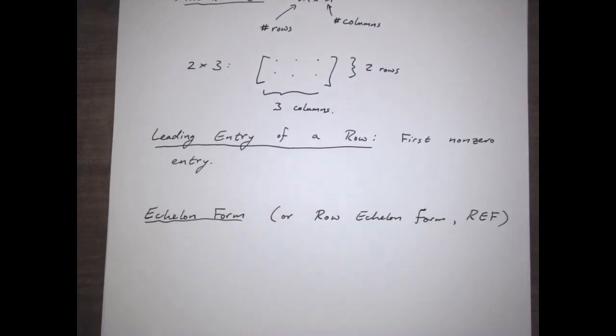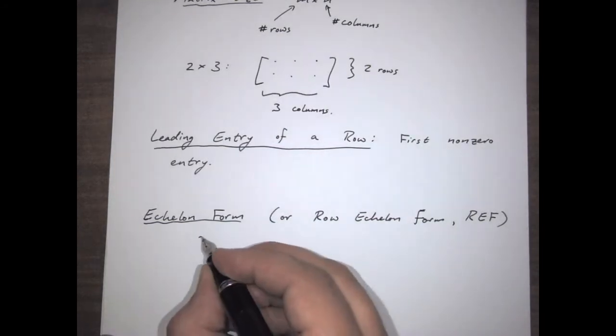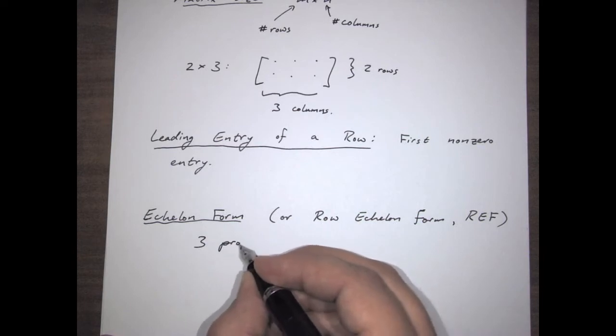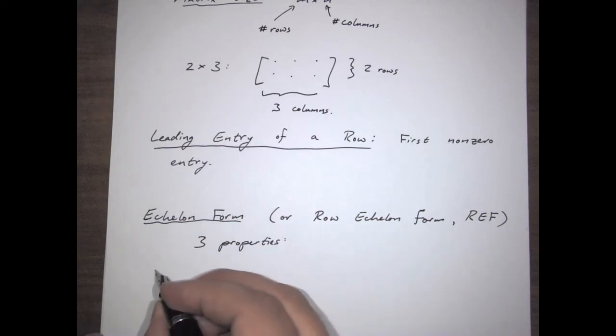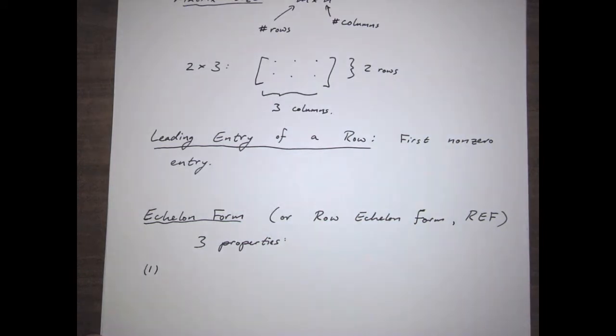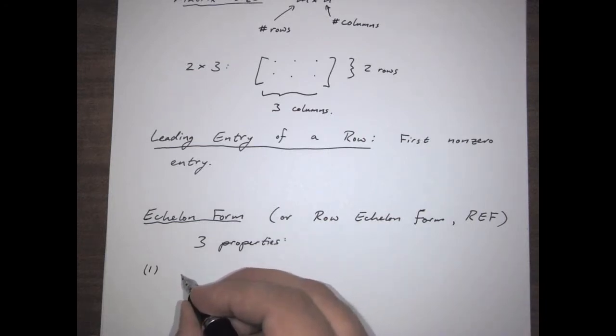So echelon form, or row echelon form, is a matrix that has the following 3 properties. So the 3 properties are: 1, if there are any rows that are all 0, those have to be on the bottom.